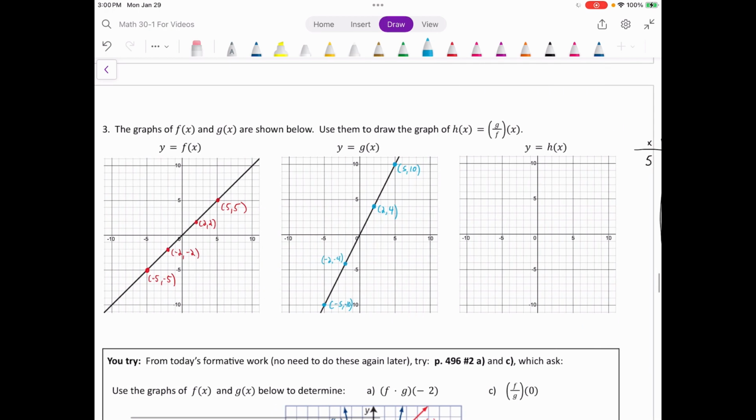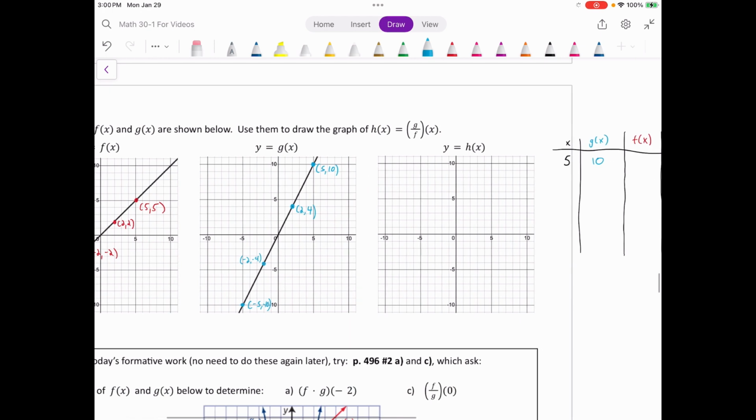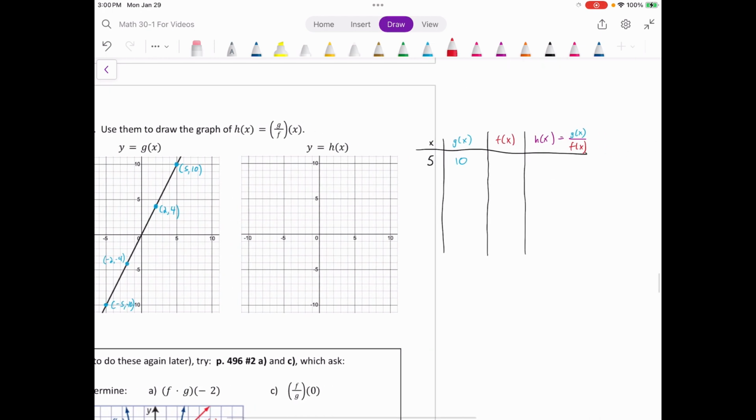The graph showed us that f would be 5. So h of x is just g over f, right? It's just 10 over 5, which is 2. So once again, we've got a point on y equals h of x: when x is 5, the value of y will be 2, for the graph of h of x.